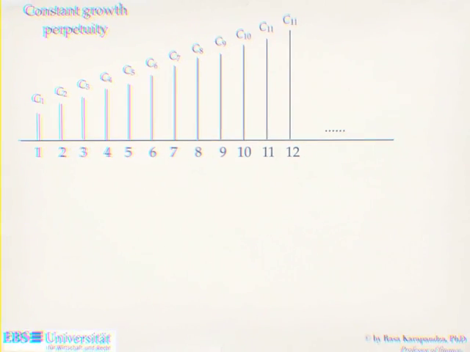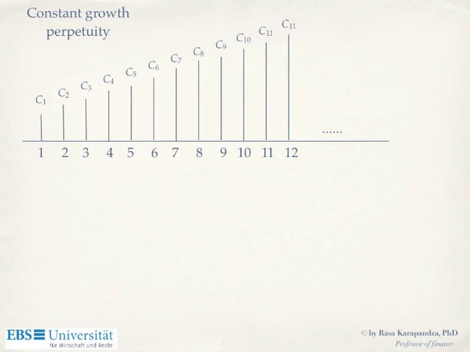Then we talked a little bit about the constant growth perpetuity, which, unlike the annuity, doesn't pay you constant amounts of money each period of time. It pays you increasing amounts of money each period of time. Each period, it pays G% more than in the previous period. So in period 8, it would pay you 10% more, for example, or G% more than in period 7, while period 7 would be 10% more than period 6.